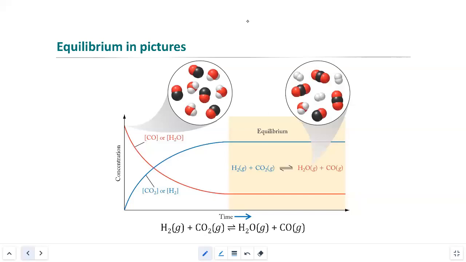And for the reactants here, the hydrogen and carbon dioxide, as the products react and form these reactants, their concentration is going to go up. And it's going to increase until it hits some sort of point where it levels off as well.